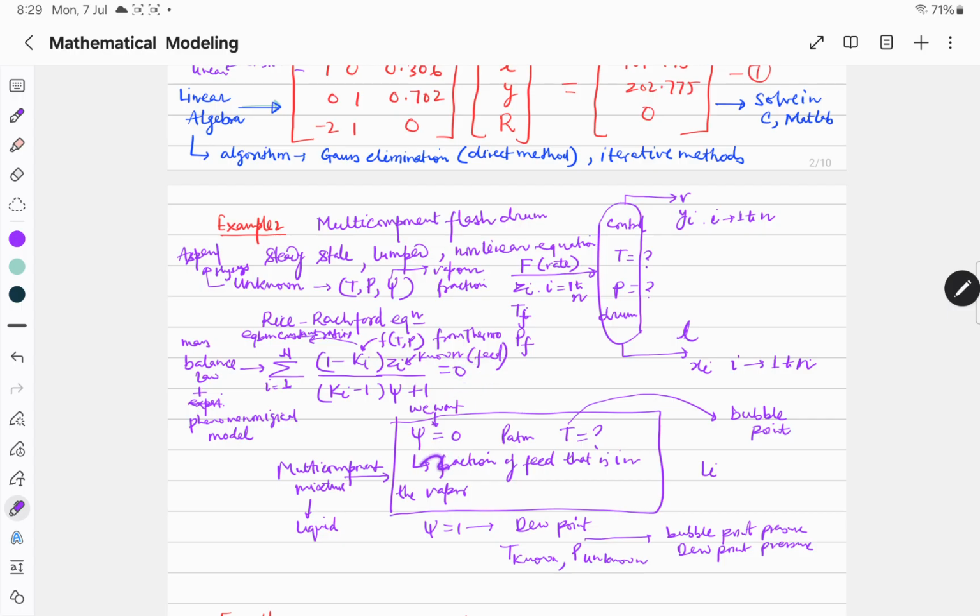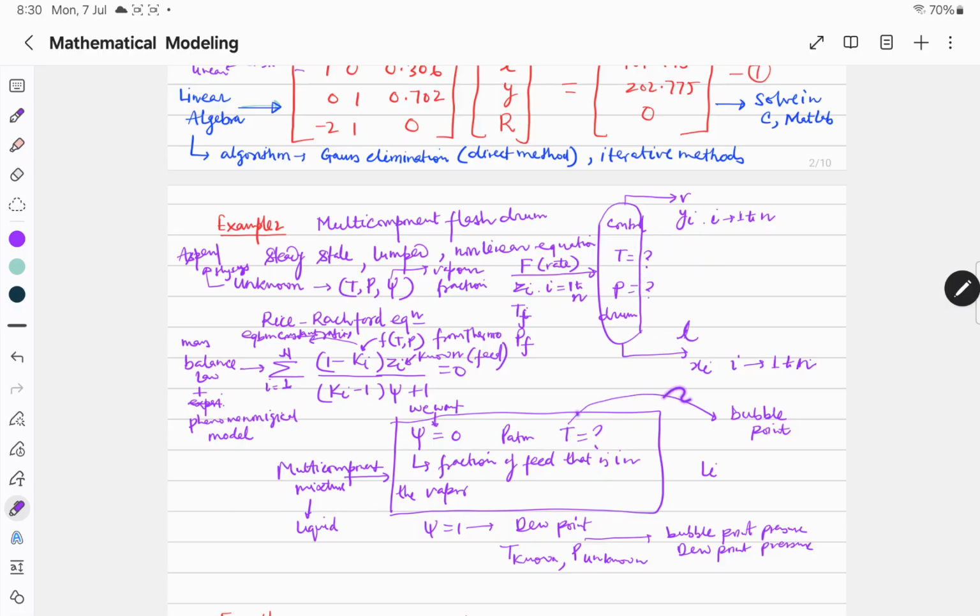Now suppose psi is equal to 0, meaning the vapor fraction is 0. Psi is the fraction of feed in the vapor. If psi is 0 and this drum is at atmospheric pressure, then what do we call the temperature? Imagine that you don't have any vapor fraction, so you have only the liquid mixture, and you are heating it at atmospheric pressure until you get the first bubble.